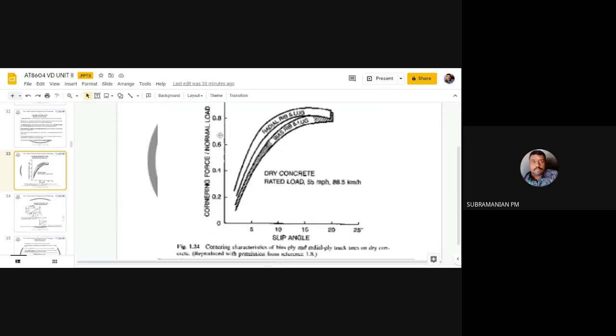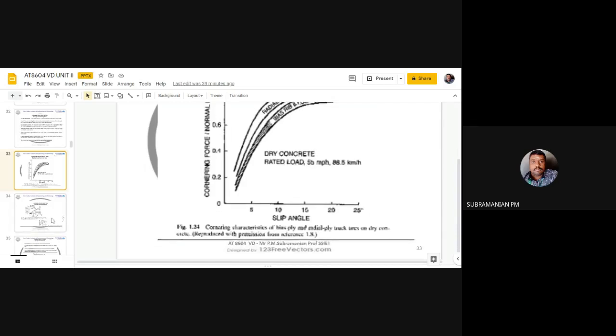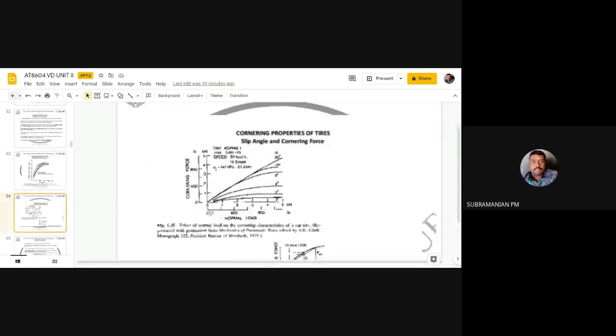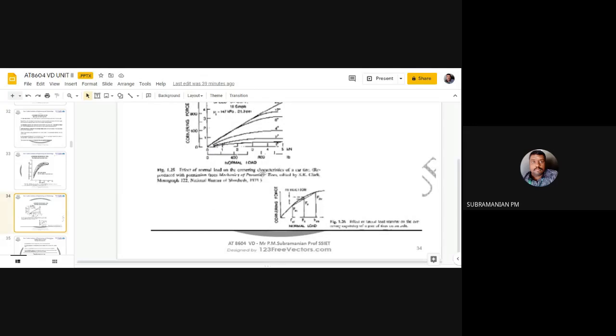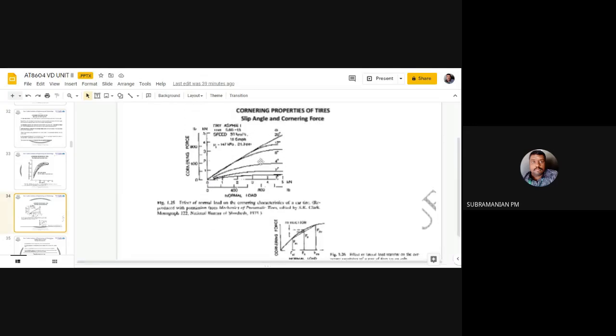This graph has been plotted when driving the vehicle on a concrete road at a given speed. You can see this curve for different slip angles. Here, instead of plotting cornering force with the slip angle, let me zoom it again.